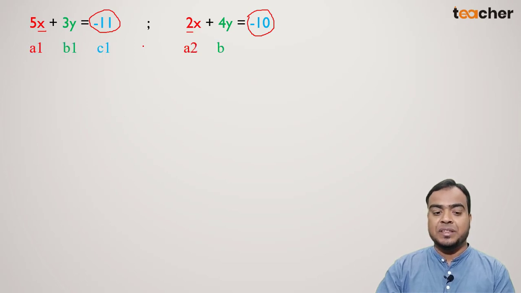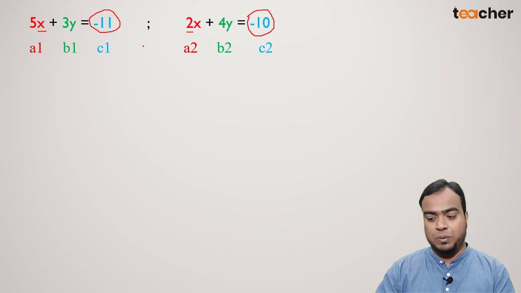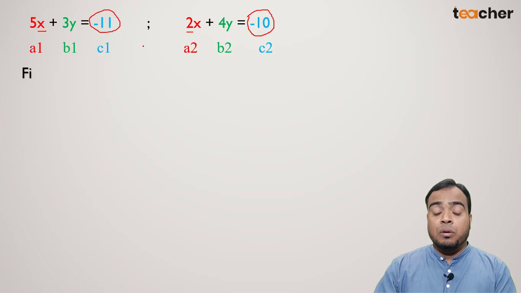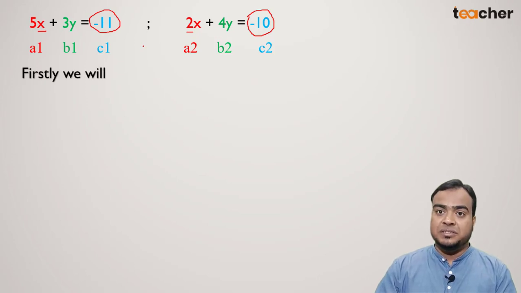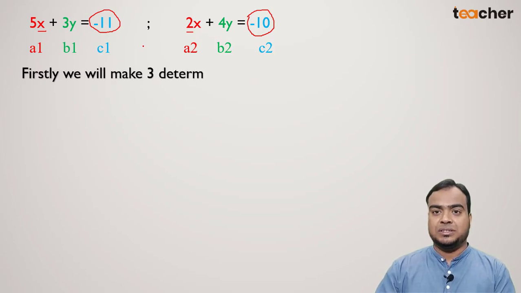So we can say that 5 is A1, 3 is B1 and minus 11 is C1. Similarly in the second equation, 1 and 2 are only the suffix to represent that they are the coefficients of different equations. Now we will form three determinants using these coefficients and constants.